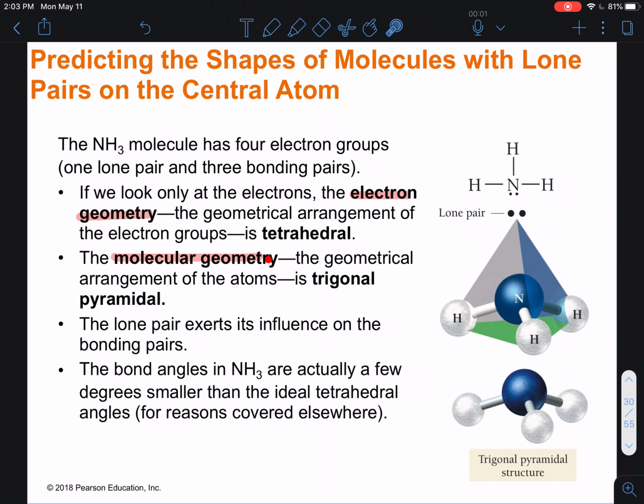The molecular geometry is the geometrical shape or arrangement of the atoms, not including the lone pair. This is called trigonal pyramidal. So even though we counted 4 electron groups, which gave us tetrahedral, that's going to be the electron geometry.